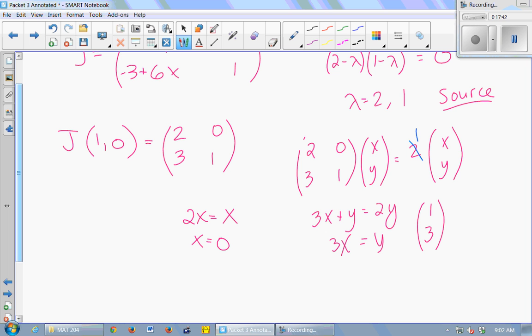So my eigenvector would be any 0, comma anything. I've got 1, 3, and 0, 1 as my eigenvectors. And 1, 3, that went with lambda equals 2. Just got to remember which of these is which. This went with lambda equals 1.